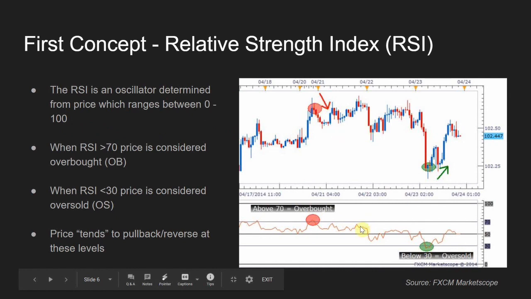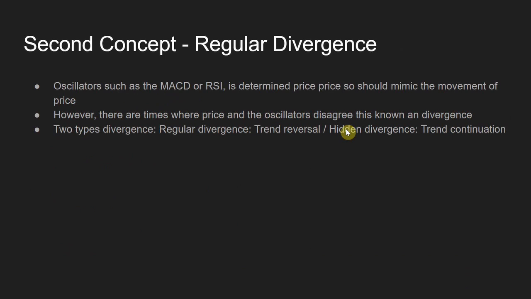Whatever price does, the RSI tends to do the same, or the MACD, the stochastics. You don't need to understand all of them. All you need to understand is that oscillator indicators track and mimic the movement of price because their calculation is derived from price.